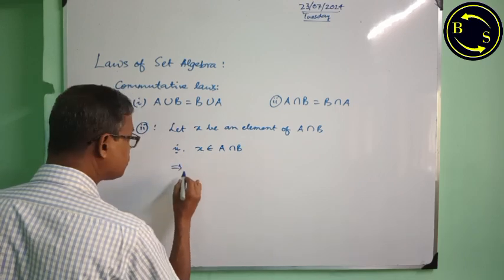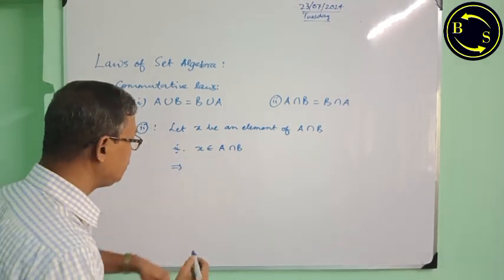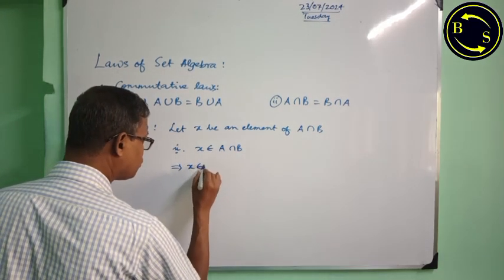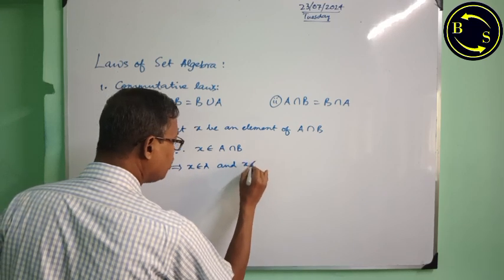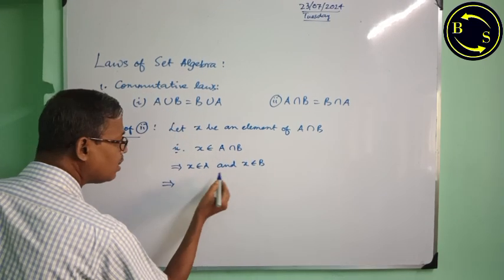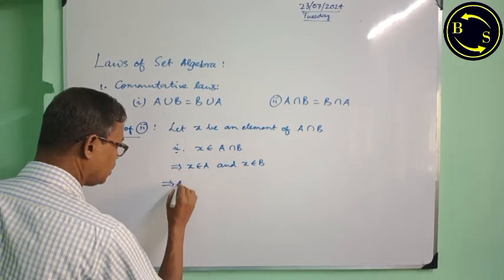Now from this, since X is belonging to both A and B, we express that by writing X belongs to A and X belongs to B, which can be written as, just I write this one first and this one second.